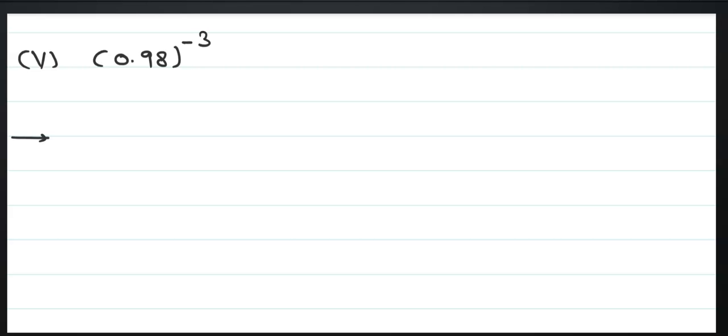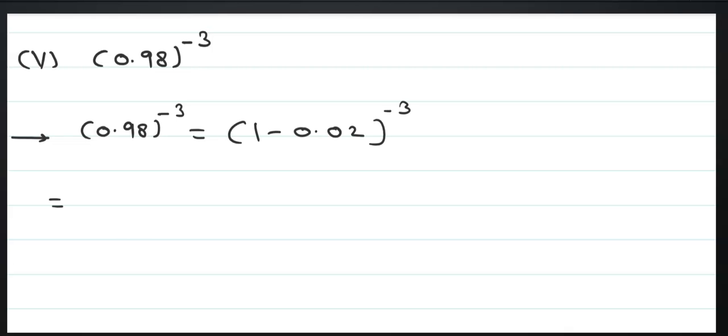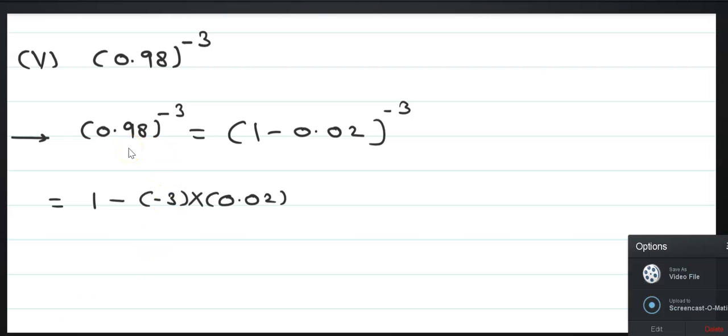Fifth, 0.98 bracket to the minus 1 by 3. Therefore again 1 minus 0.02 bracket to the minus 3. It is written as 1 minus 3 into 0.02.